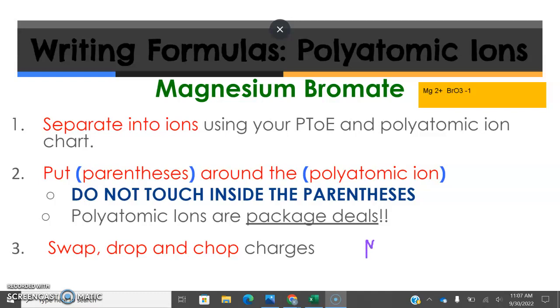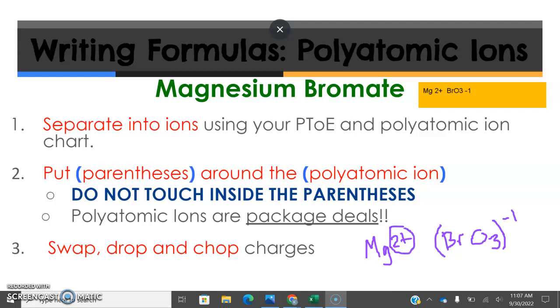So we would have Mg, +2, and then BrO3, and I'm sorry, my annotating skills are not super great with this drawing, but that's okay. And then we're going to put him in parentheses because we know he's all together because he's a polyatomic, and his charge is -1. Okay, so now we're going to do our swap, drop, and chop.